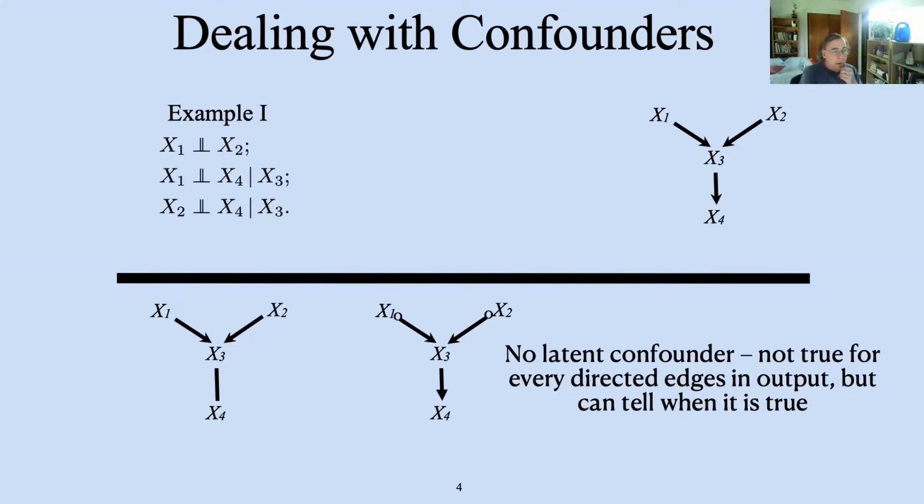What I'm going to show you in a couple of minutes is another algorithm which will give a separate representation. Instead of giving a pattern or a CPDAG, which represents a set of DAGs that have no unmeasured confounders, it will be a graphical object that represents a set of DAGs, some of which may contain unmeasured confounders.